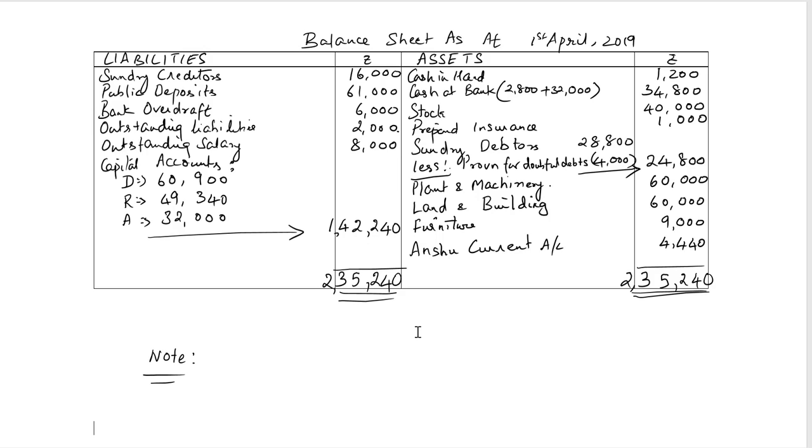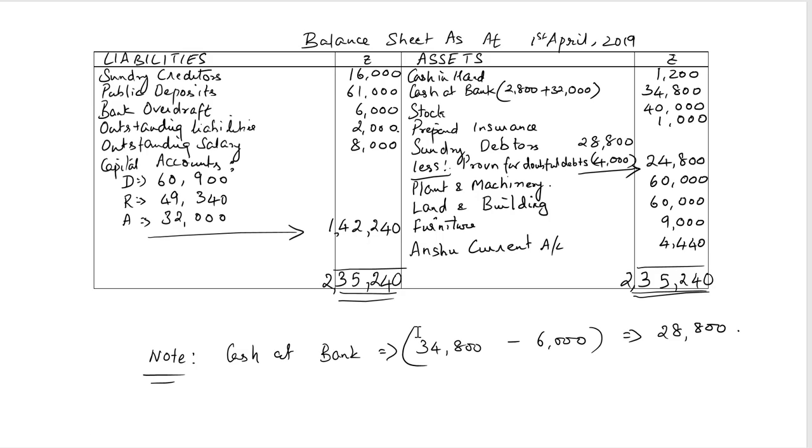A small note here: in the liability side of the balance sheet, we have a bank overdraft of rupees 6,000. We can prepare the balance sheet by setting off the bank overdraft against the cash and bank balance, 34,800. Now in this case, the bank overdraft balance will not appear on the liability side, and the cash and bank balance on the asset side will be after setting off the bank overdraft, which is 34,800 rupees minus 6,000 rupees, which will come to 28,800 rupees.